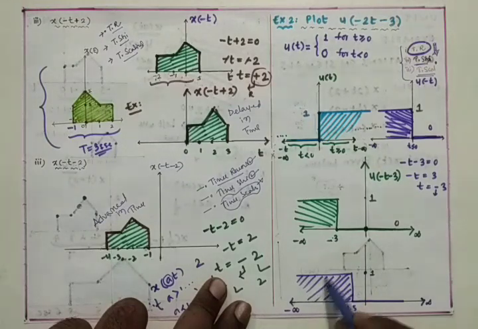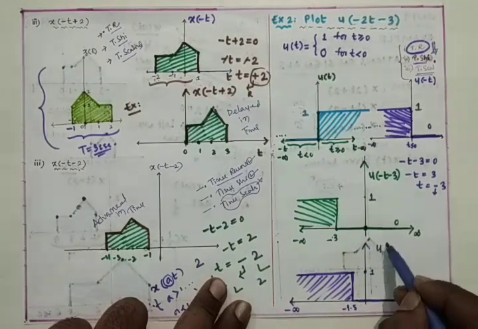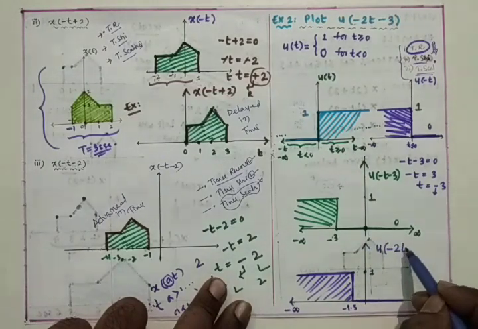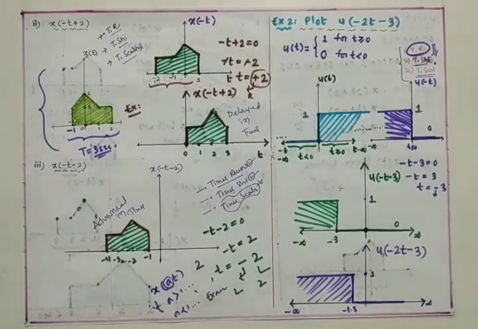So the new signal name is u of minus 2t minus 3. This is the plotting of u of minus 2t minus 3, in which first I have drawn u of t, and after that I have applied the reversal operation on the unit step signal.